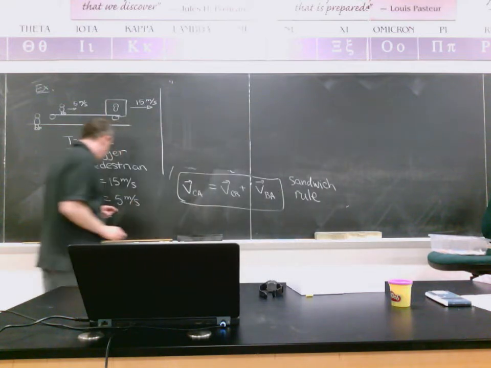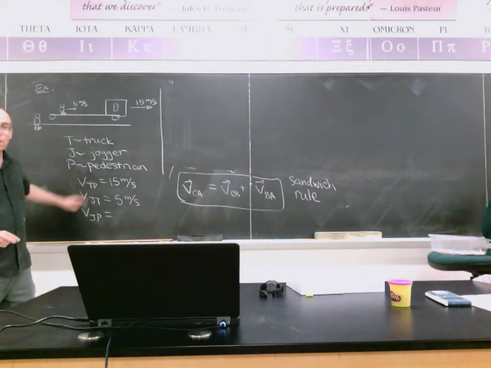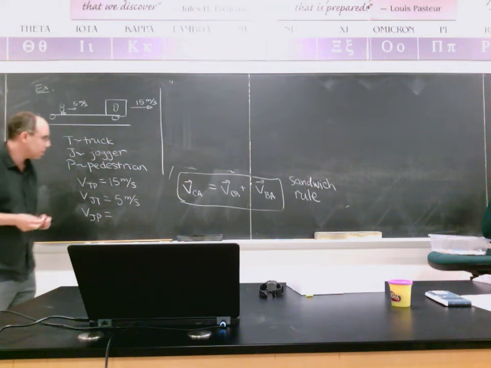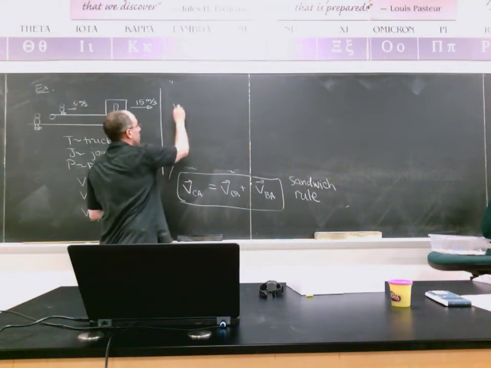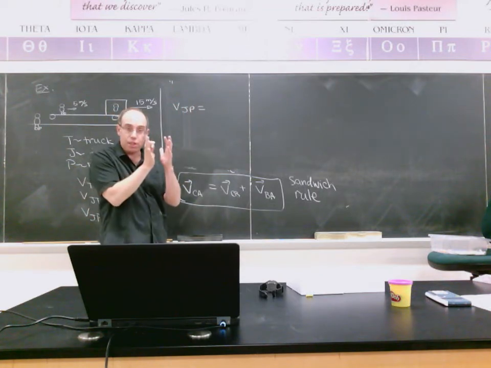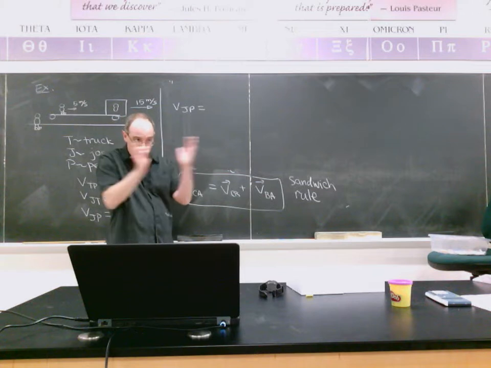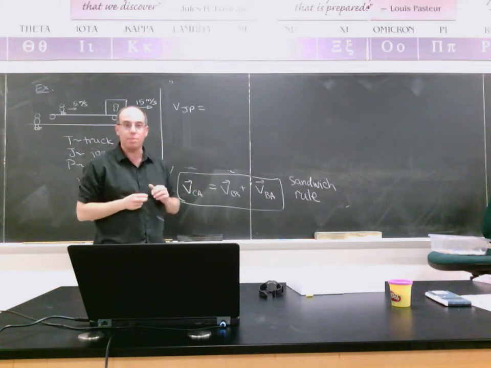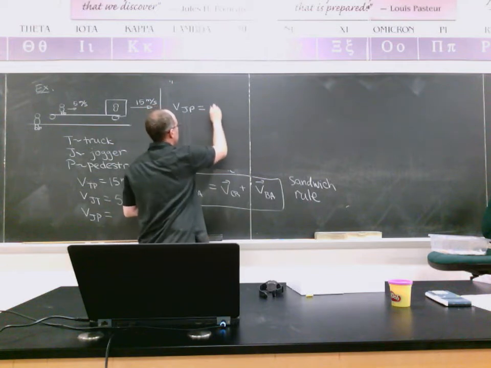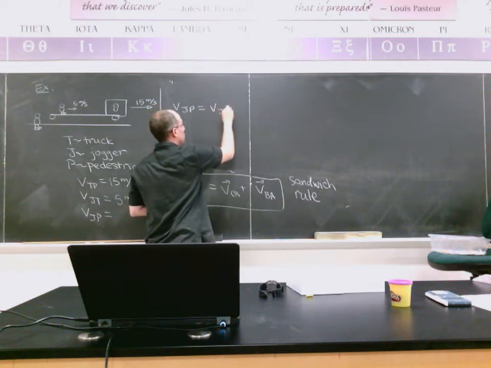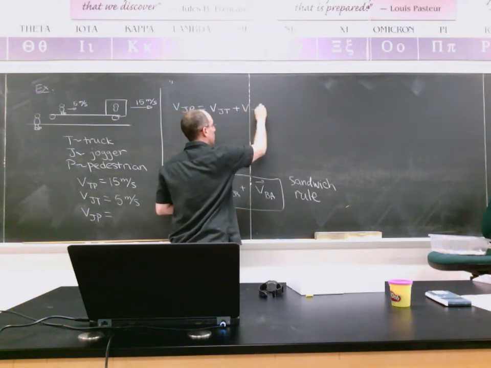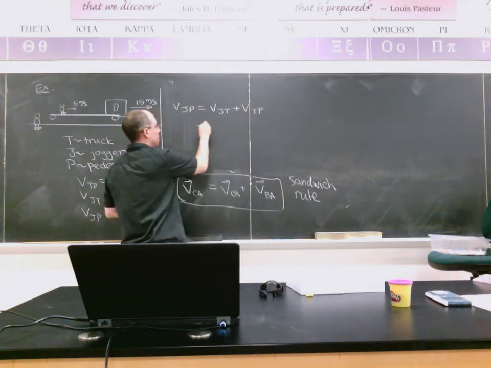Let's see if we can take these three velocities here and make a sandwich rule out of them. Well, here's how we do it. We have velocity of jogger with respect to pedestrian. So I'm going to take the J and the P, open them up and stick in a couple of T's to make a sandwich. Then velocity of jogger with respect to pedestrian equals velocity of jogger with respect to truck plus velocity of truck with respect to pedestrian.